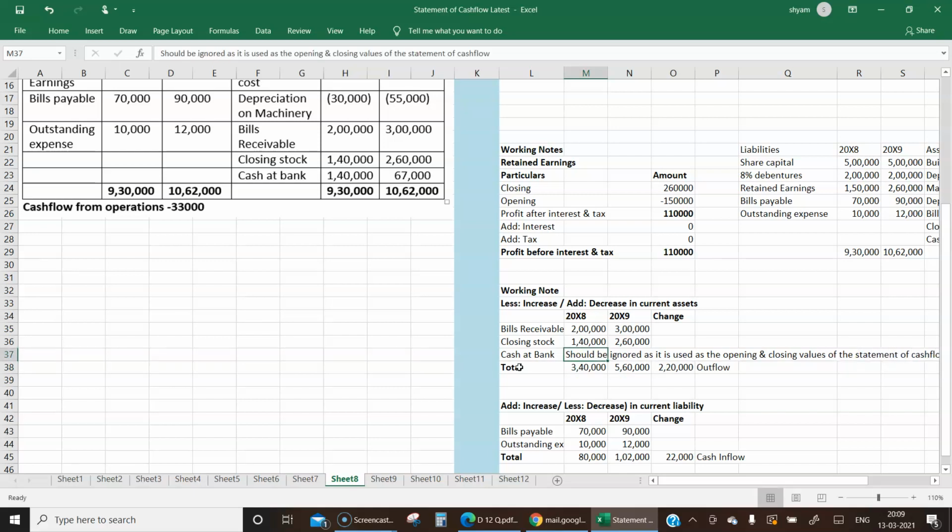Okay, so be very careful with that. You should not take that number. Okay, so that alone we marked it. So that's about this sum. We'll move on to the next sum.